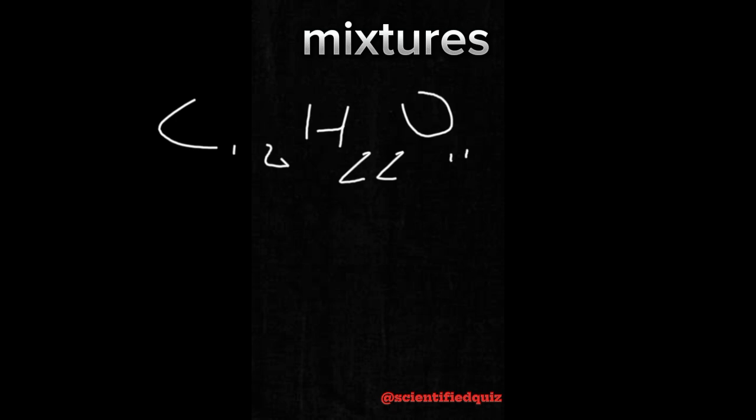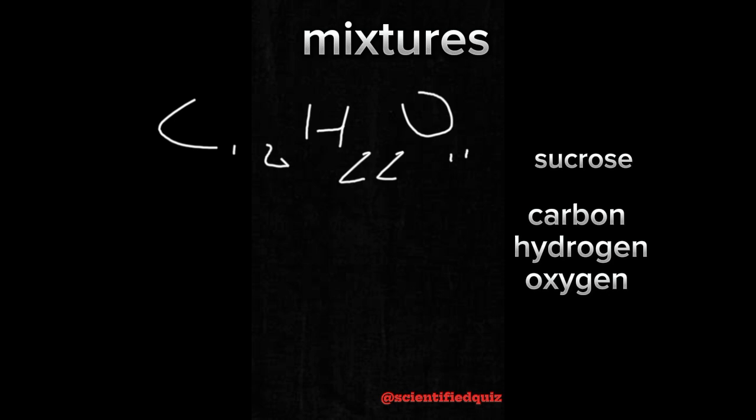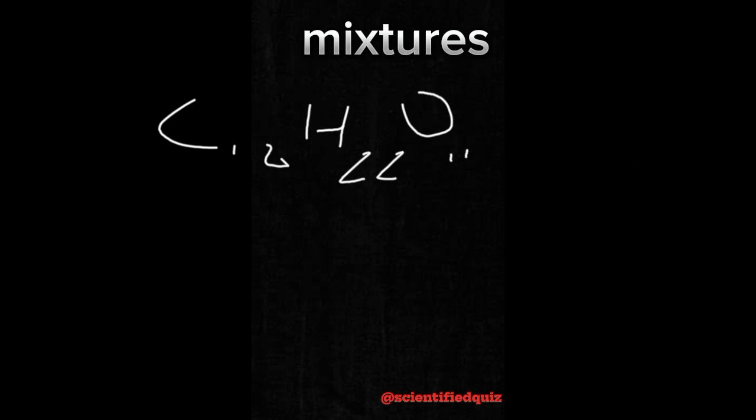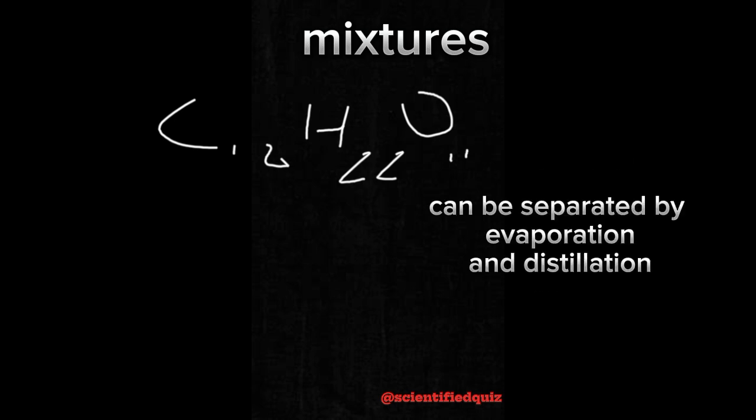Now we are going to introduce a mixture. It's a simple sugar known as sucrose. So this mixture contains elements such as carbon, hydrogen, and oxygen. It is a mixture, so it is separable by means such as evaporation and distillation.